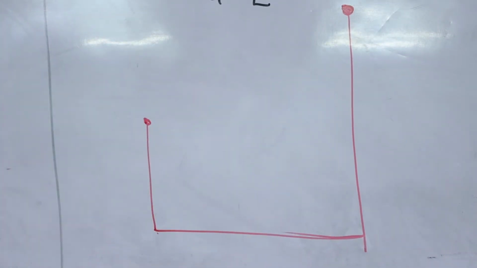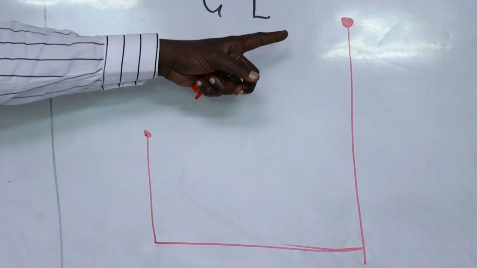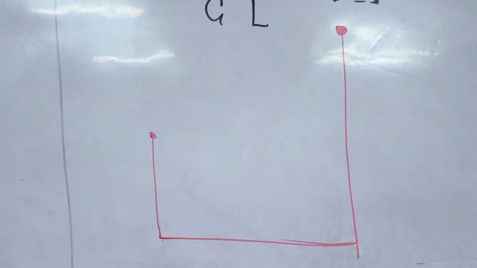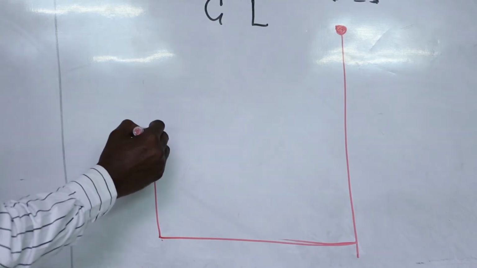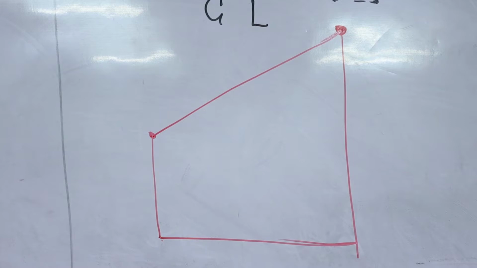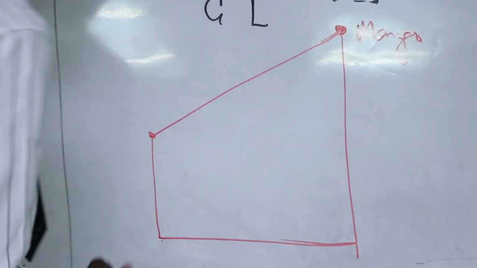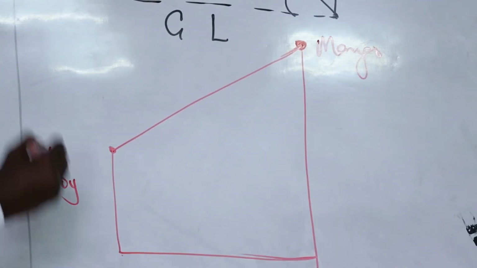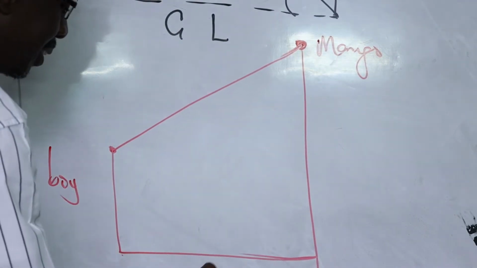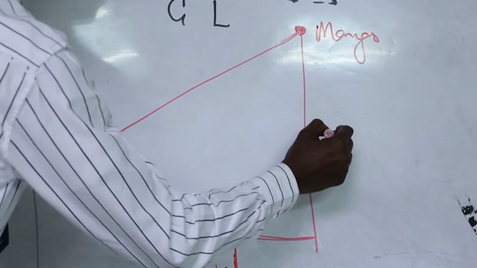That's the boy that is interested in the mango on the top of what? Top of what? The tree. So he was actually looking at the mango. That there's a mango here. And this is the boy. The ground level, my GL. And this is your mango tree.